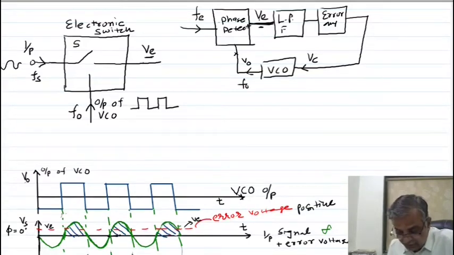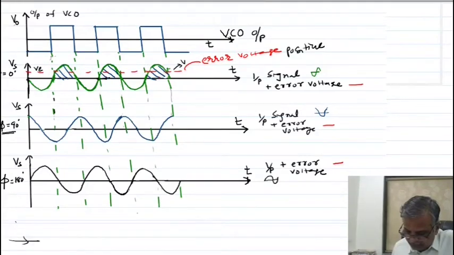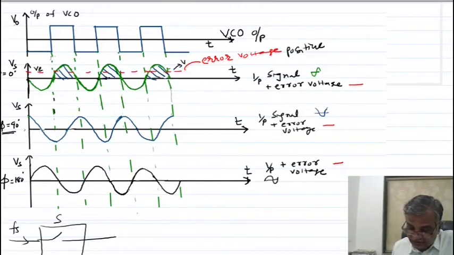Now in the second waveform, the phase difference between FS and FO is 90 degrees. Then what will happen? See here, this is the switch, this is the output of the VCO, and this is the incoming signal FS.